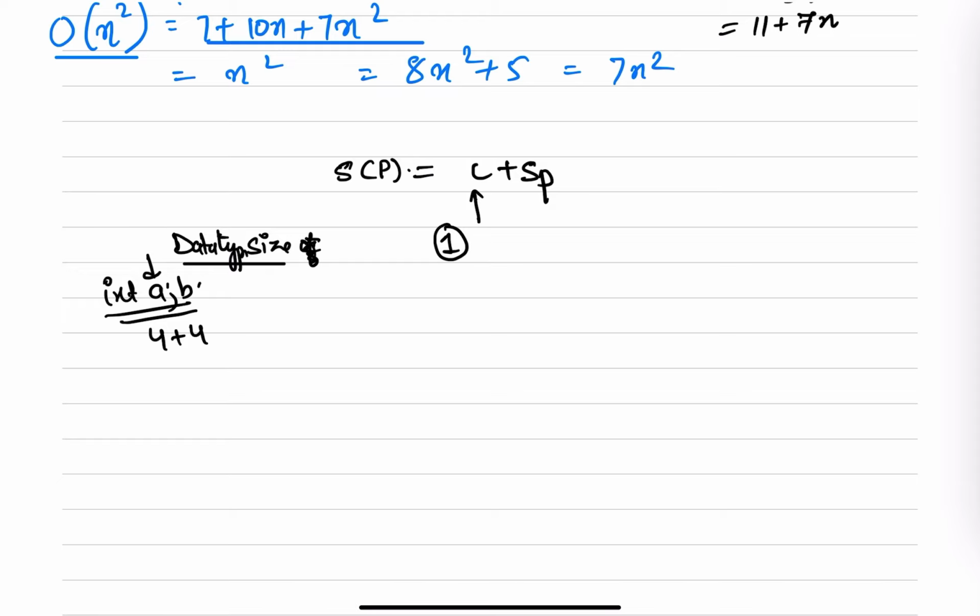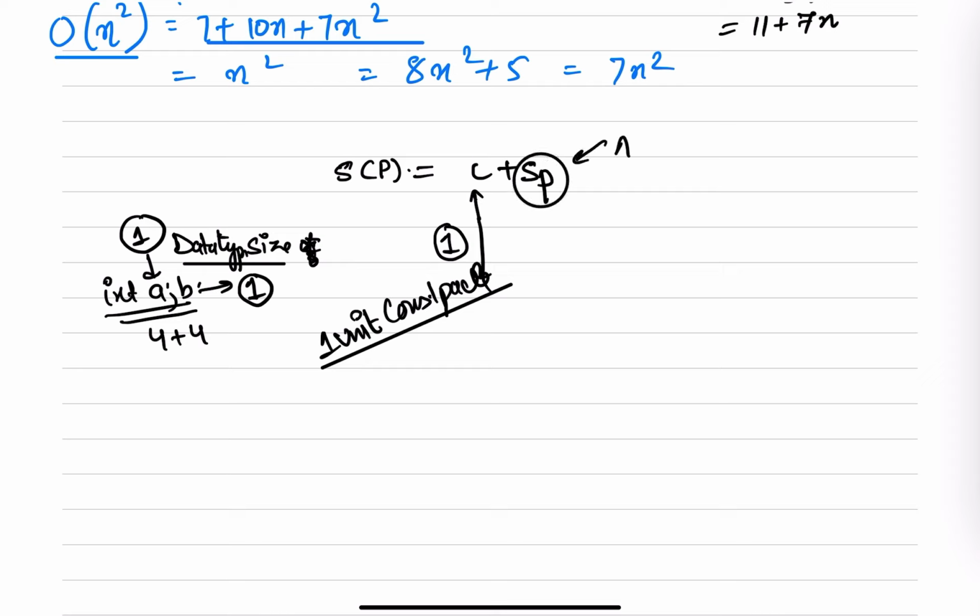I just say this will take one constant space, this will take one constant place. So I treat that as one unit constant place. All right, and I will discuss the auxiliary space when we take some example, how we treat that.